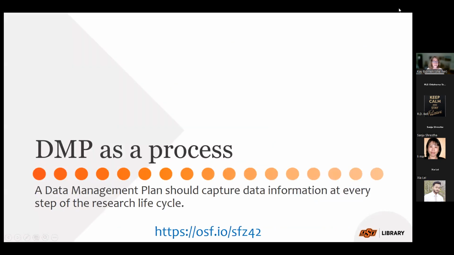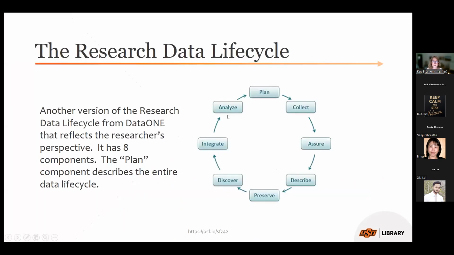All right, let's talk about DMP as a process. Basically, what you're looking at here is trying to use a data management plan as a big picture document that captures information about your data in every step of the data lifecycle. Okay, so those of you that were here yesterday, you remember the data lifecycle didn't look quite like this, and that's because the one I showed you yesterday was actually created for purposes of a repository, ICPSR.